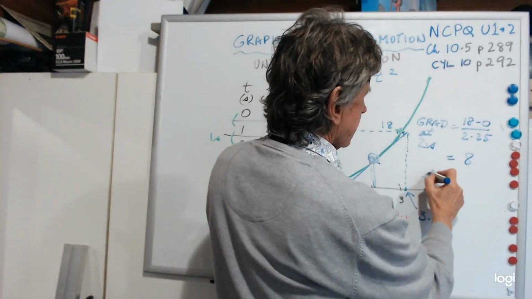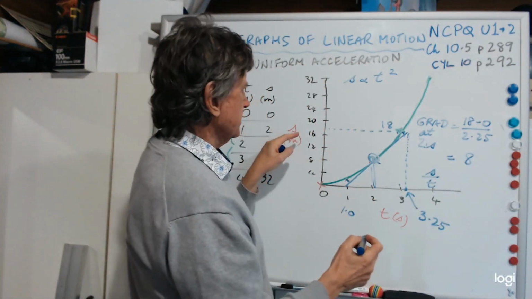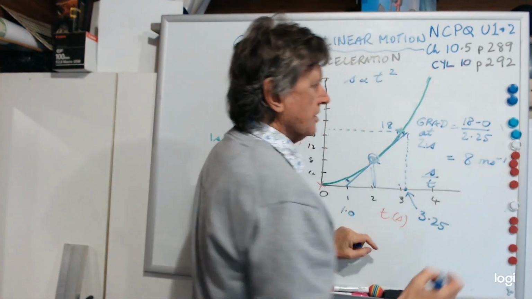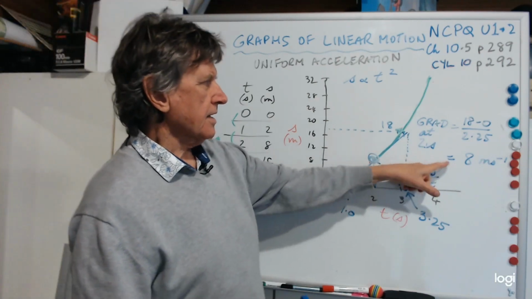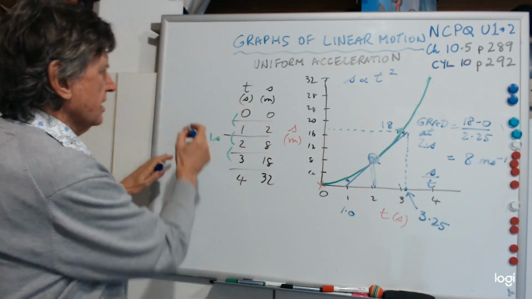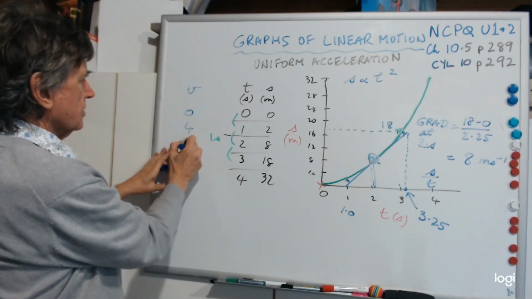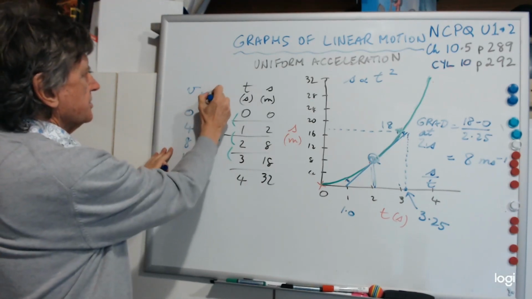If you think about what s on t is, that's velocity. So this is meters divided by seconds. So the question is, what was 8 meters per second at 2 seconds? And if you look back to the original thing I had here, for v, I had 0, 4, 8, 12, 16, that's meters per second.